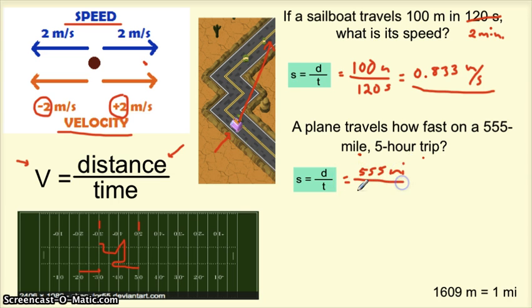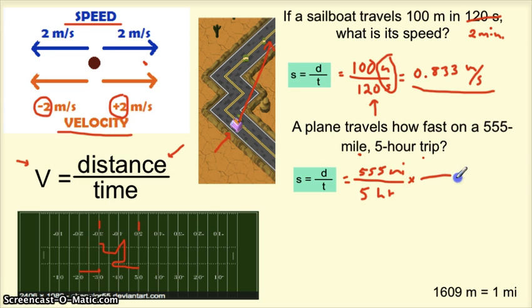And the time is going to be 5 hours. But we are not going to just punch that in the calculator like we did this one, because this one we already had meters per second, but here we do not. We need to convert miles per hour to meters per second.